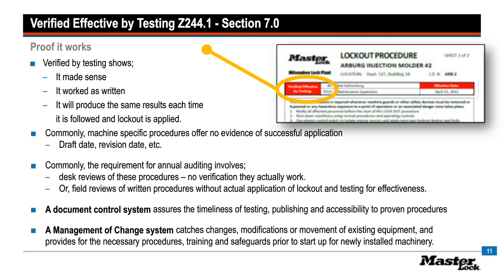It assures timeliness of testing, that the publishing and accessibility to procedures is dependable, and a new inclusion in the ANSI Z244 standard is a management of change program intended to preempt equipment being changed without notification and updating of procedures, training, and possible machine guarding or protective measures.